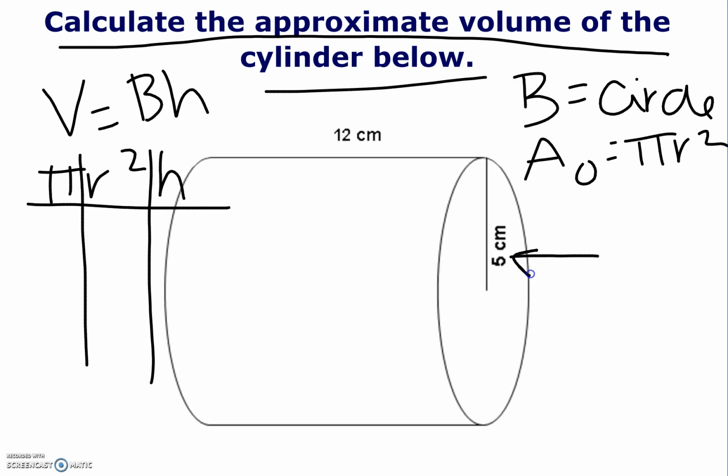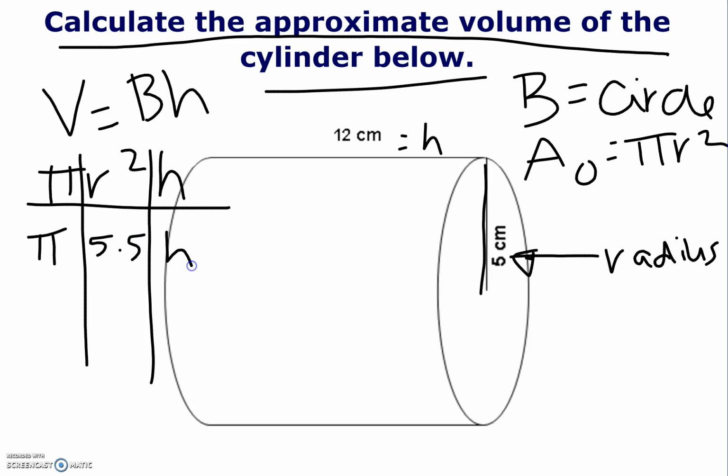Now, is this the radius or a diameter? Radius, because it only goes halfway across the circle, and this is your height. Notice I label my picture every single time. We're going to leave pi as pi, r squared is 5 times 5, and then height is going to be a multiplication also. And height should actually be a number. Your height is 12.